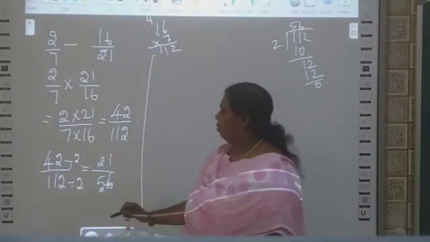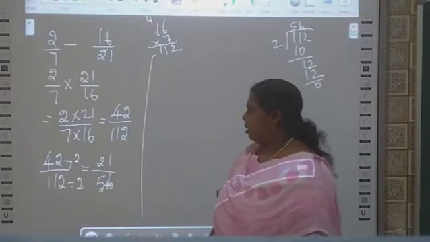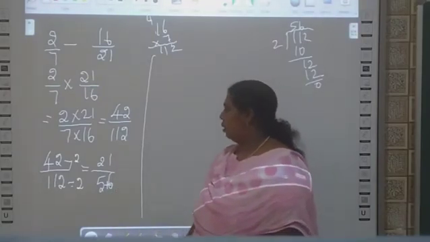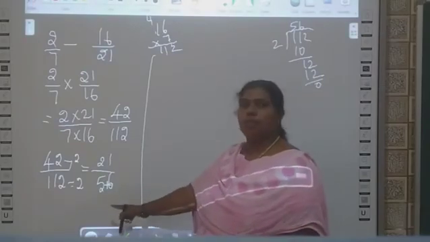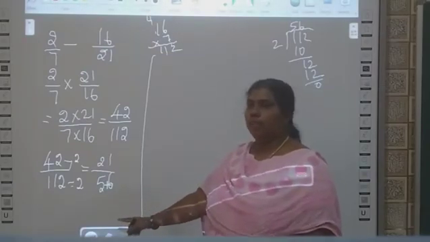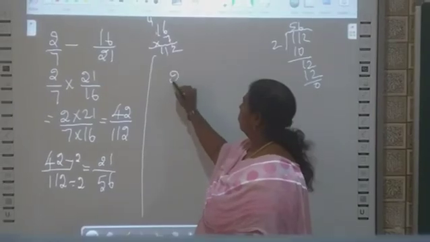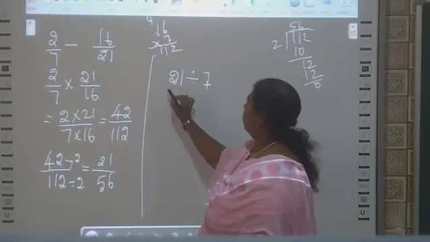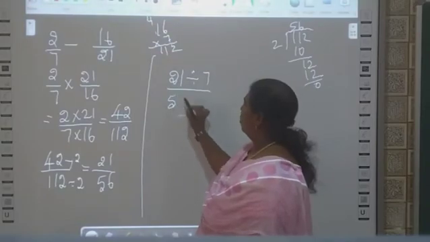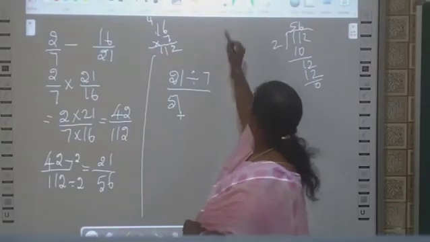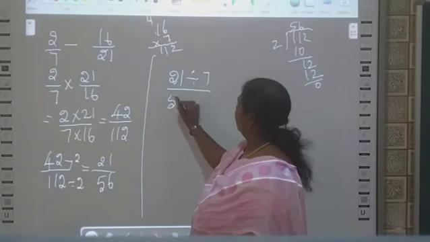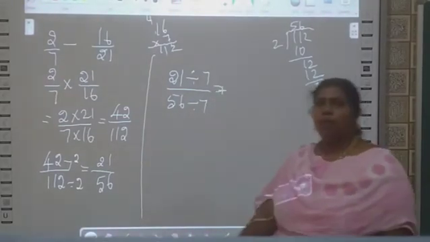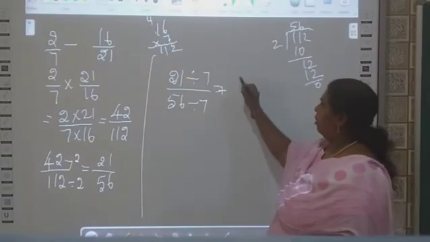So again we can use which table? 7th table we can use, right? 7 times 3 is 21. Here 7 times 8 is 56, right? 7th table, how many times? 3 times.